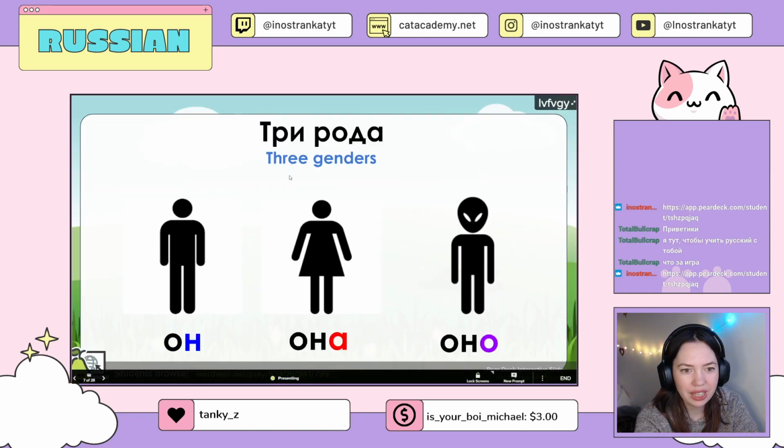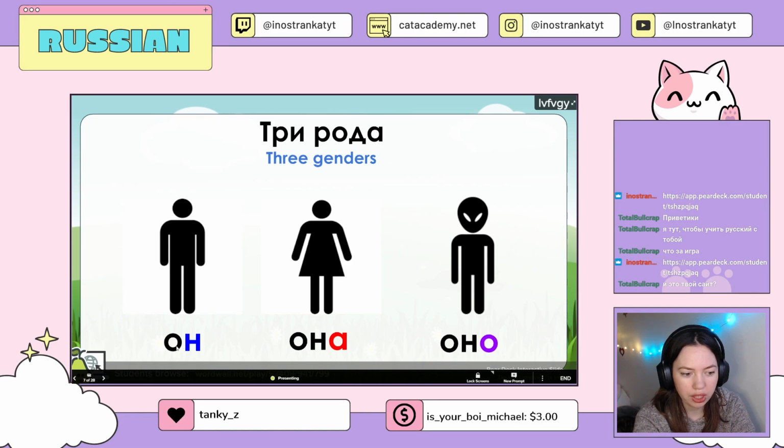So in the Russian language there are 3 рода, 3 genders. Он, he, она, she, and оно, it. Он, она, оно. And as you can see, the base is the same.